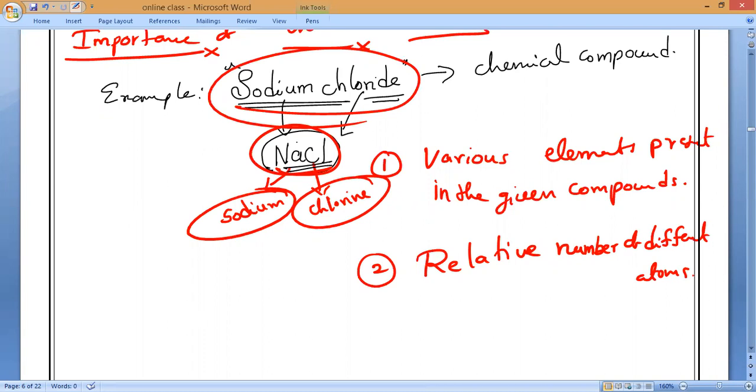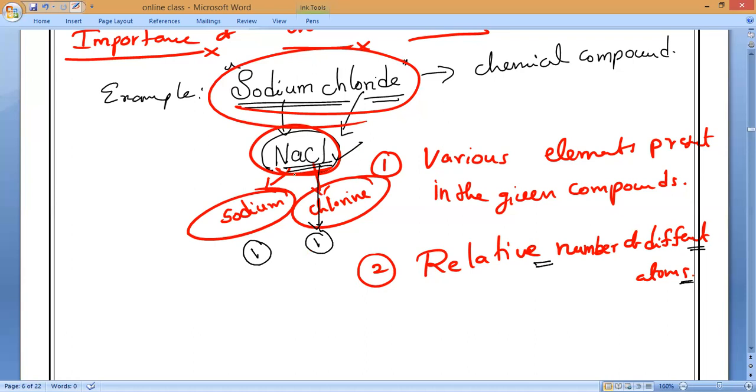One sodium atom and one chlorine atom. So when I write the formula, only then can I know the relative number of different atoms present. We will understand only when we come to know the chemical formula.